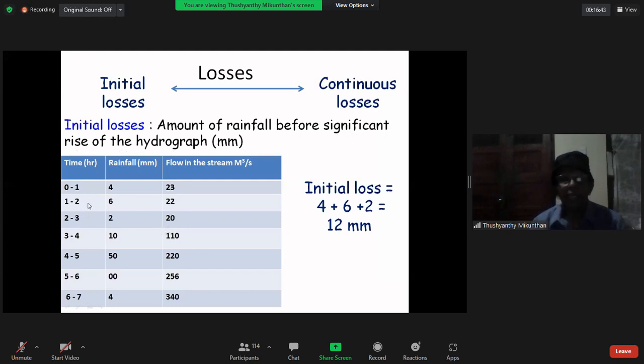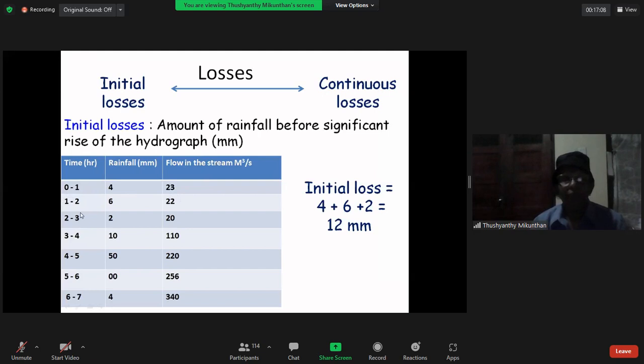See here, this chart shows time, rainfall and flow in the stream. Time in hours, rainfall in millimeters, then flow in the stream in cubic meters per second. From 0 to 1, 4 millimeter rainfall, flow in the channel 23.